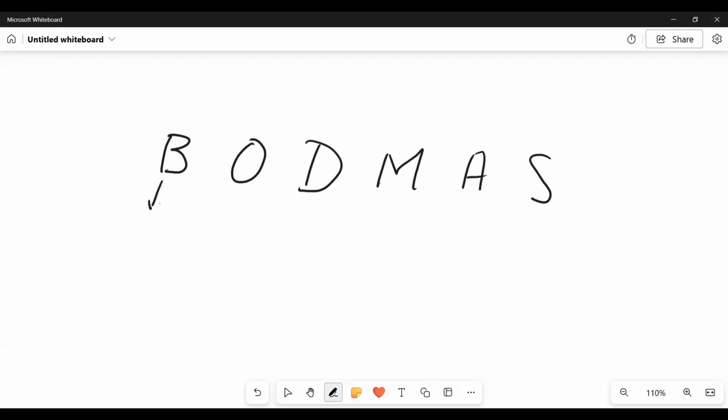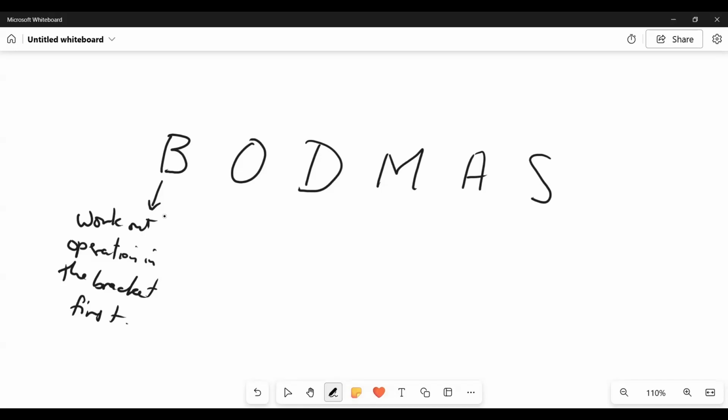Bracket. Okay, you work out what's in the bracket first. Yes, sir. Work out operations in the bracket first.